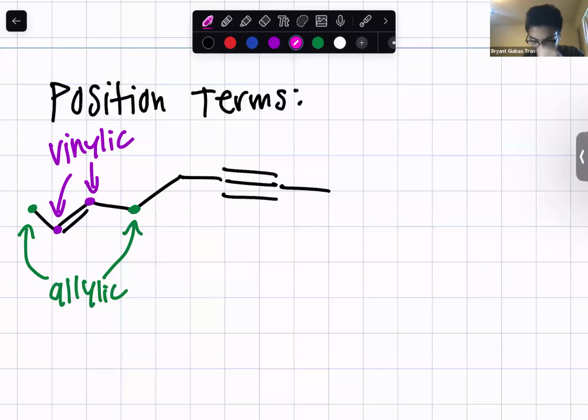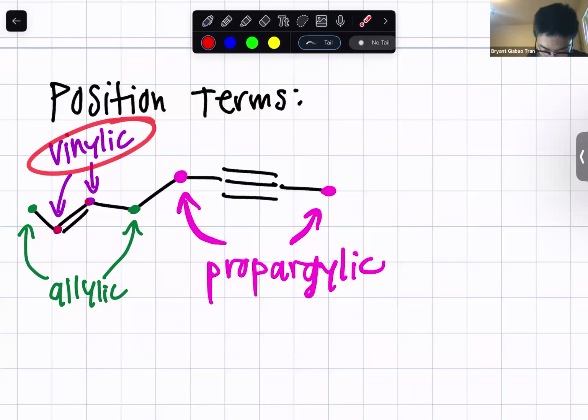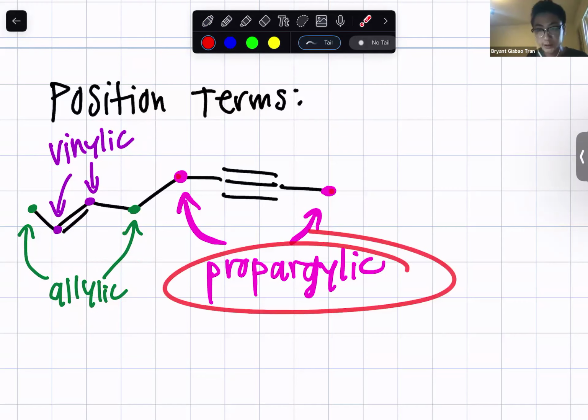The ones that are next to the alkyne right here, not on the alkyne, but next to it, are propargylic. The carbons on the double bond, vinylic. Carbons next to the double bond, allylic. Carbons next to the alkyne, propargylic.